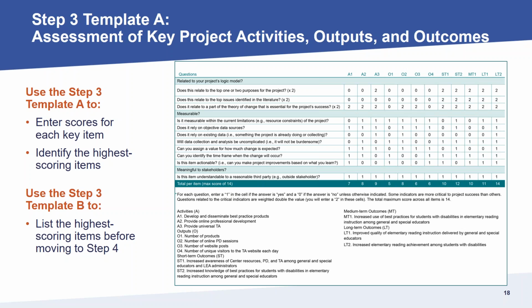And then someone has asked, how do you actually recommend that we determine what's meaningful to stakeholders? And so what I wanted to come back to is show you the slide and then show you that we have a question under it that we would want you to rate your indicator or item on. And what we are asking you to focus on is, is this item understandable to a reasonable third party? For example, your outside stakeholders.